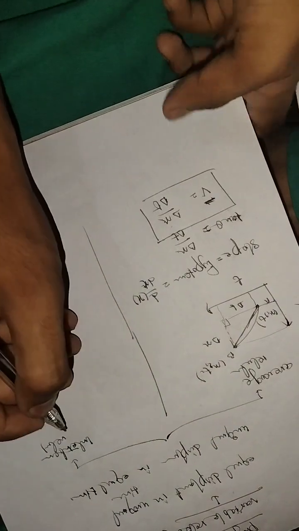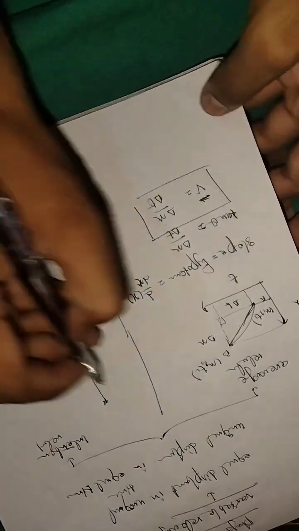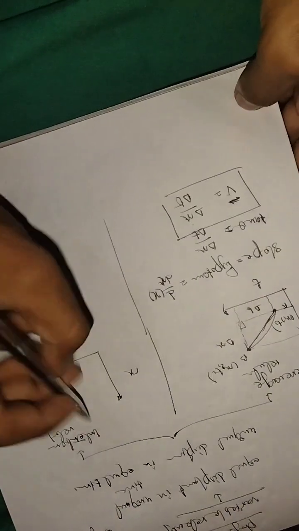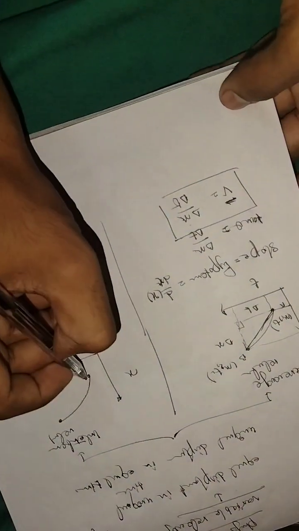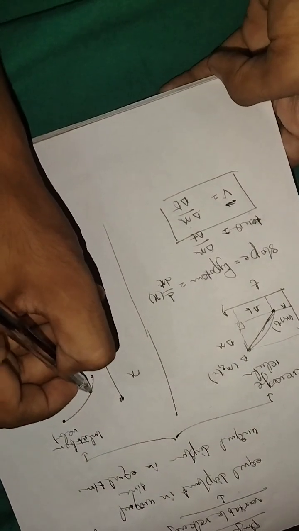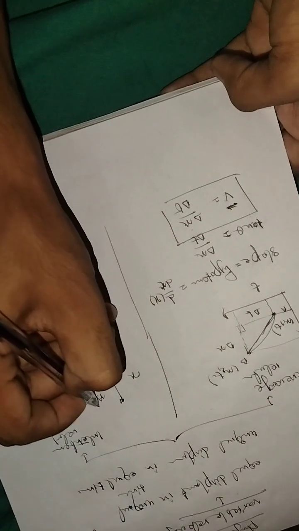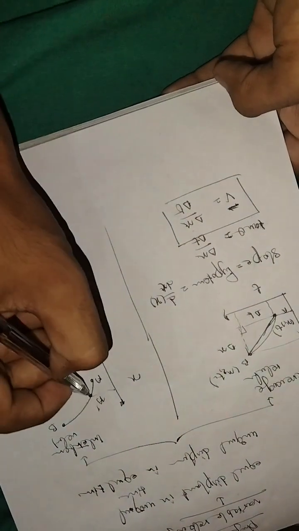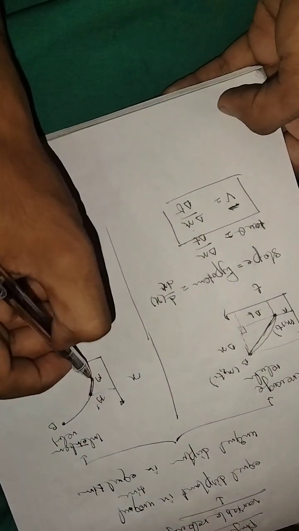And what is the instantaneous velocity? Instantaneous velocity is also a kind of average velocity, but with a very short interval of time. Let's suppose this is A and B, and we have to discuss only this slope.